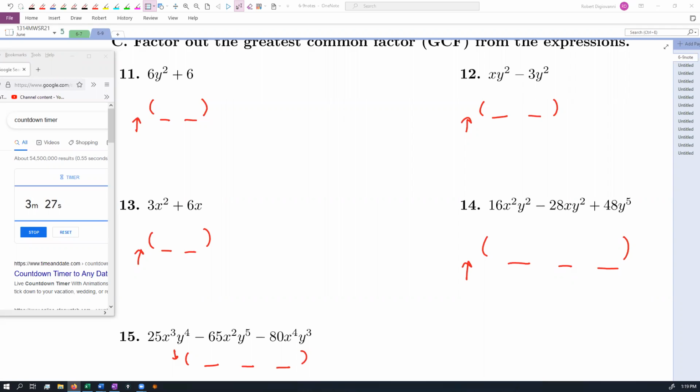I think on this one, I'm going to start writing the answers down, and then you can see if you're getting the same thing.